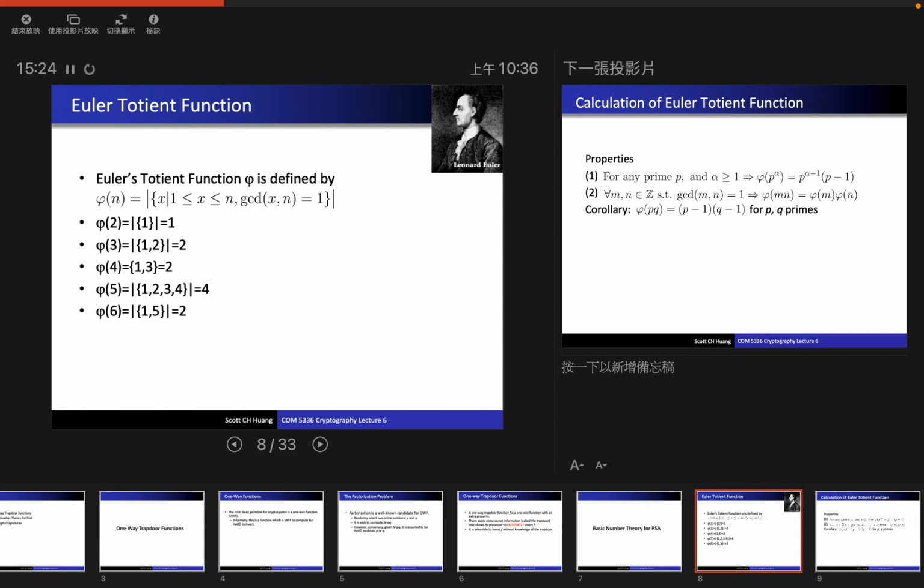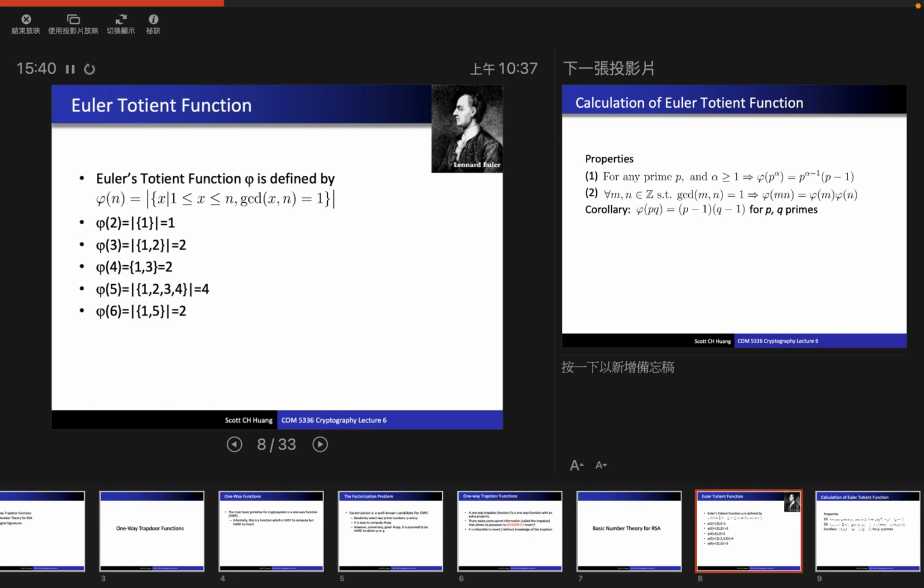So let's look at another example. This is more non-trivial. Phi of 12 is a good example. We look at these numbers from 1 to 11.